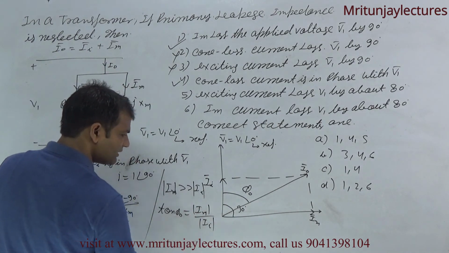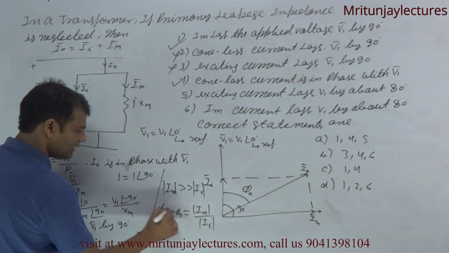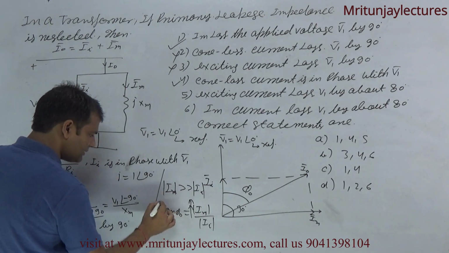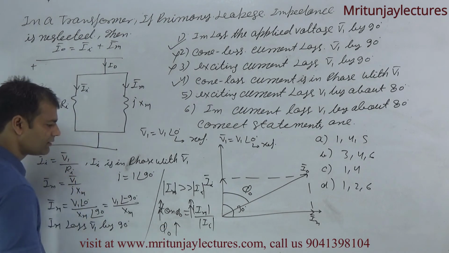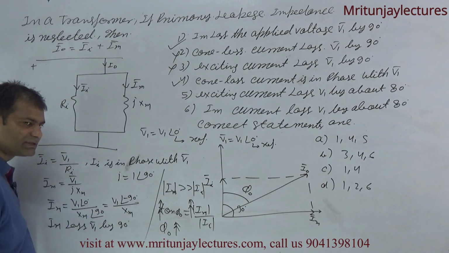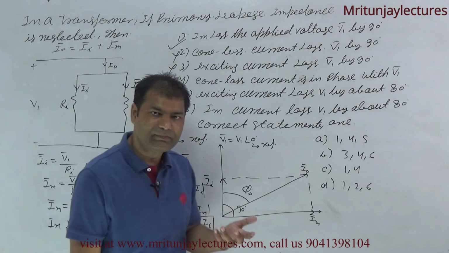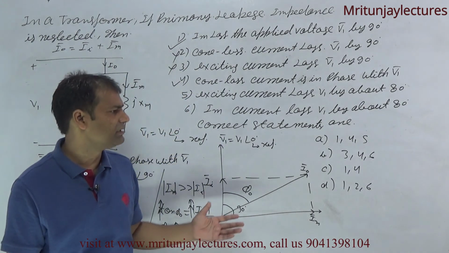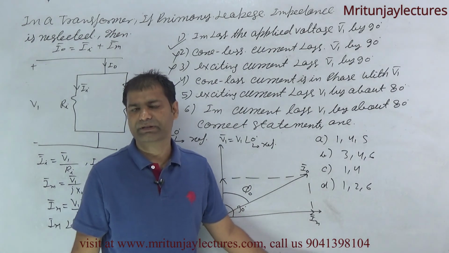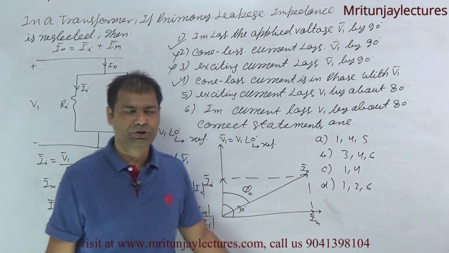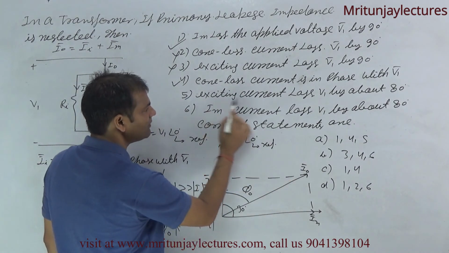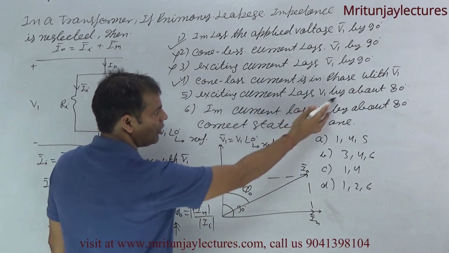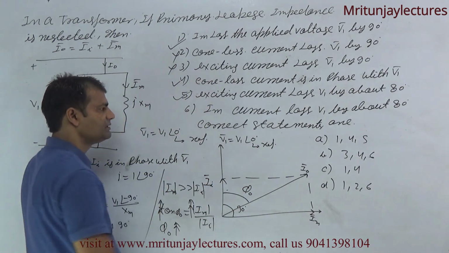If Im is greater than Ii, tan phi naught is high, so phi naught is also high. Practically it is 80, 82, 83 degrees like this. So the exciting current lags V1 by about 80 degrees. That is the correct option.